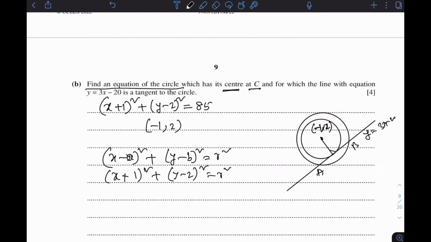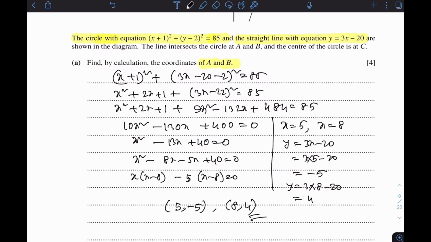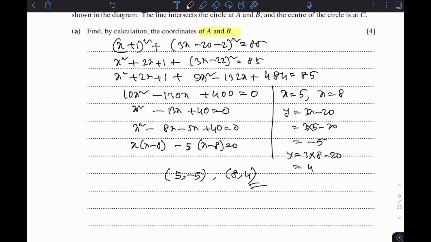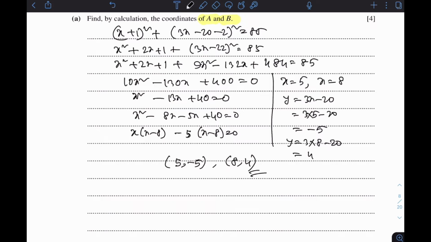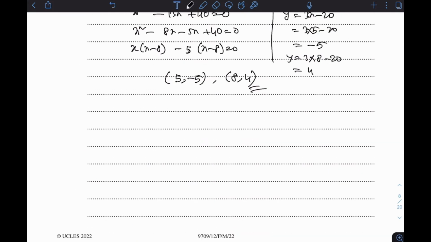And another thing is that this point will be the midpoint of A and B. So we need the coordinates of A and B here. A is (5, −5) and B is (8, 4).